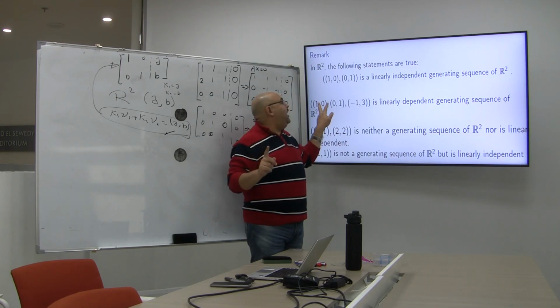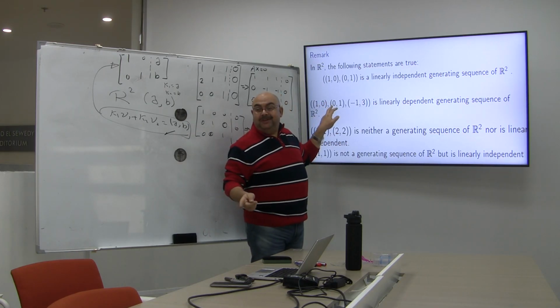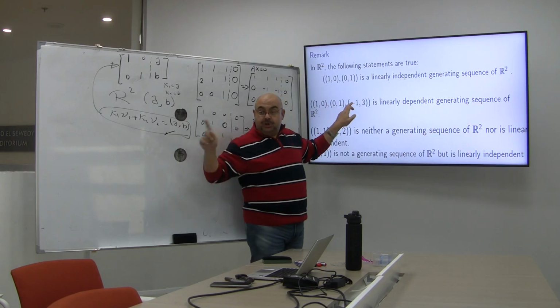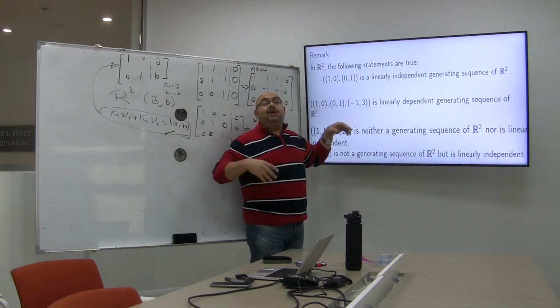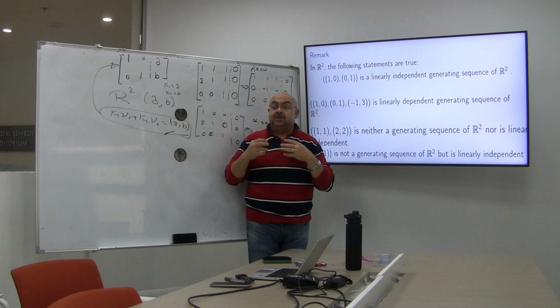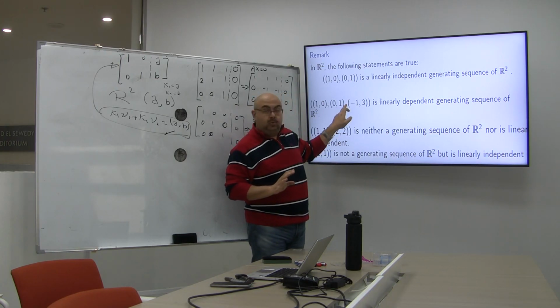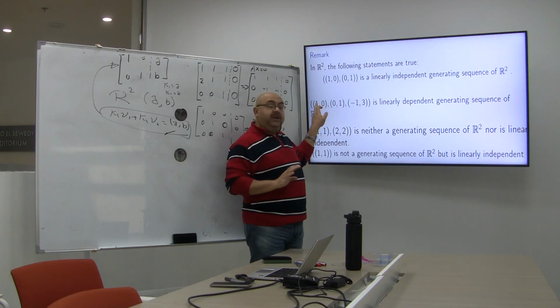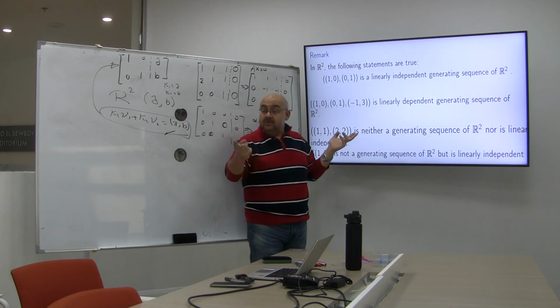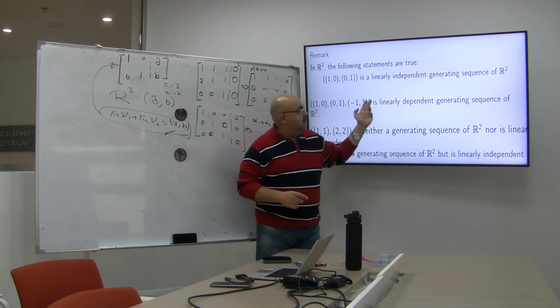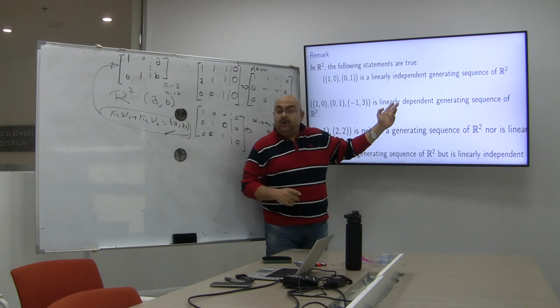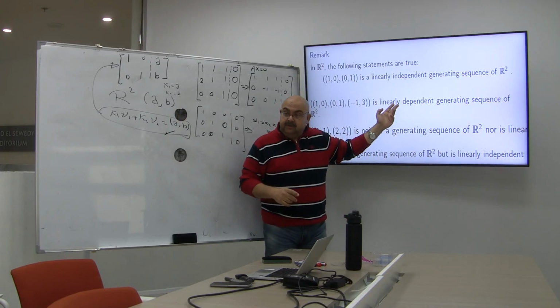But it can generate R2. يعني الثلاثة دول يقدروا to generate R2. أي numbers in R2، أي vectors in R2 I can generate them. Simply حط لي قدام ده زيرو على طول، وحط الفيرست نمبر هنا والسكند نمبر هنا، يطلع لك R2. صح؟ يبقى they are generators، بس هم مالهم؟ linearly independent.